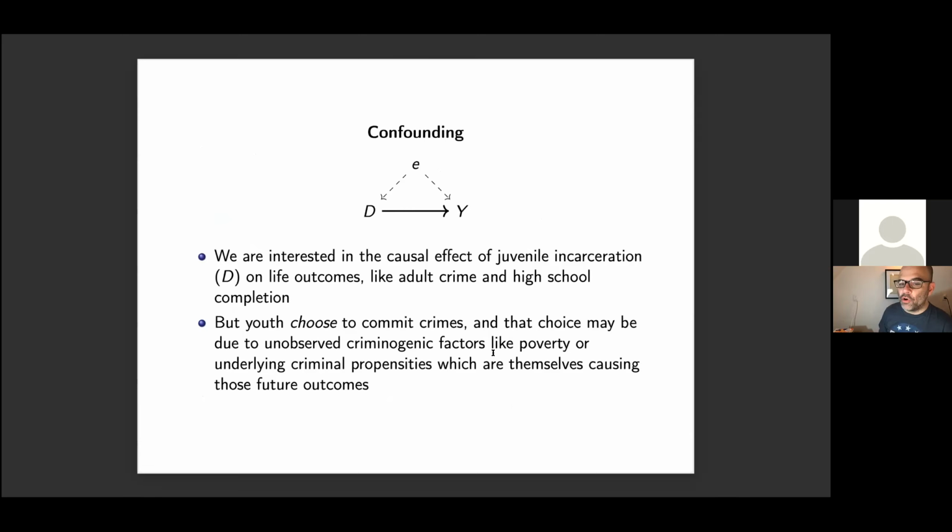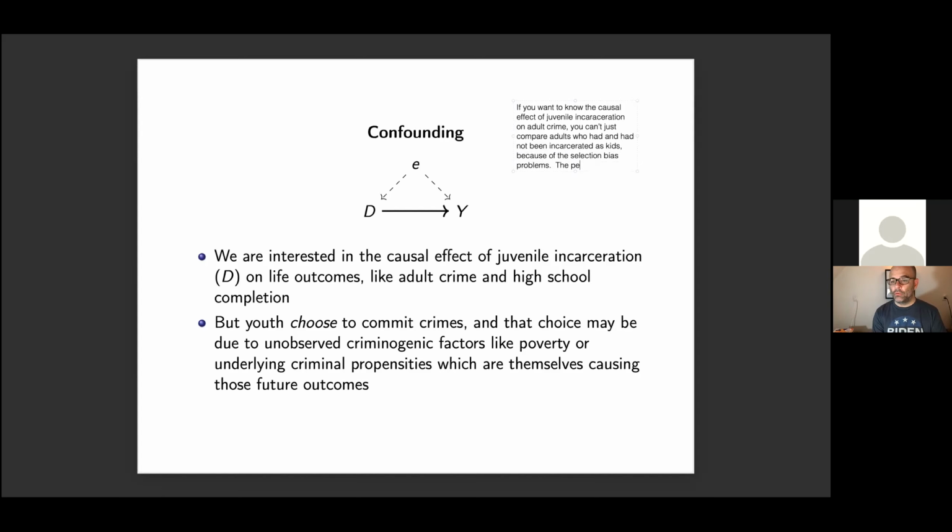Now, if I want to know the causal effect of juvenile incarceration on adult crime, you can't just compare adults who had and had not been incarcerated as kids because of the selection bias problems.